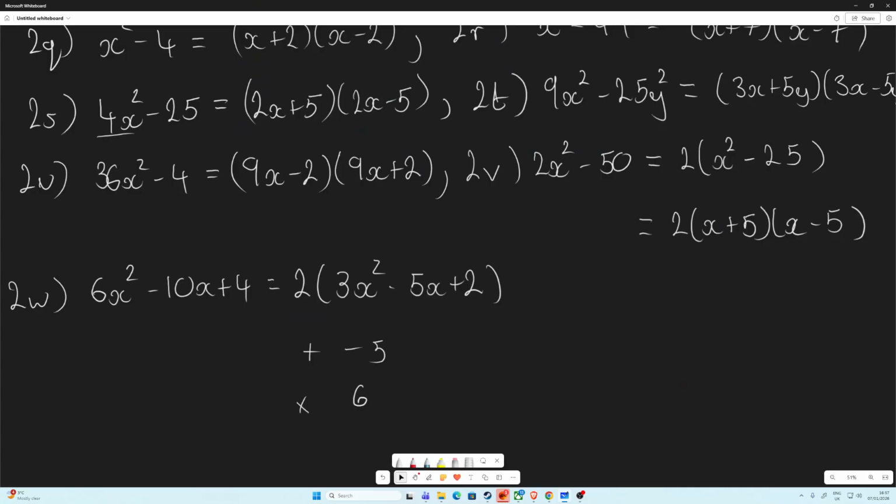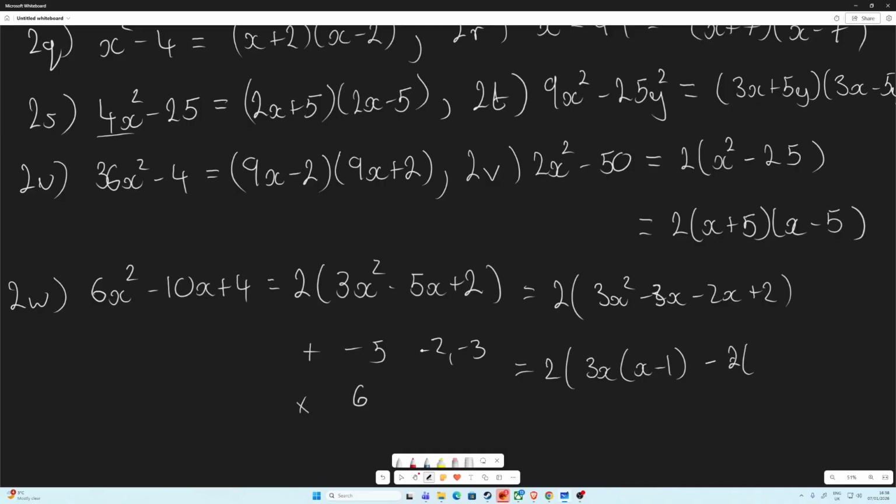Okay, two numbers multiplied to 6: 6 and 1, 3 and 2. No, actually we can do minus 2 and minus 3. So that's 2 times 3x squared minus 3x minus 2x plus 2. So that's 2 into 3x times x minus 1, minus 2 times x minus 1. So the answer is 2 times 3x minus 2, x minus 1.